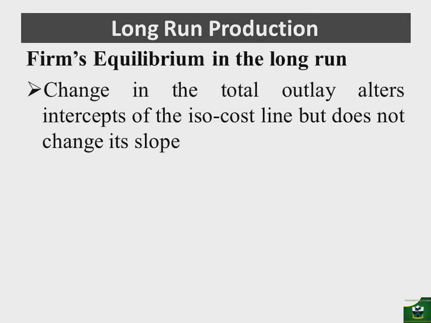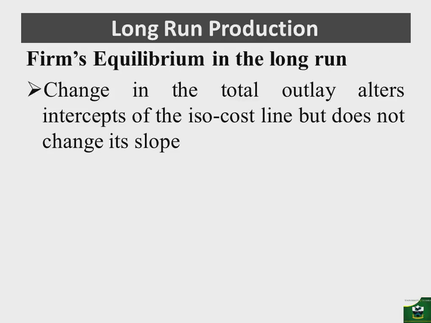Okay, so now let's look at the equilibrium in detail. Changes in the total outlay alter the intercept of the isocost but do not change the slope. This is similar to the budget line. I'll keep referring to that because we looked at these curves and how they are moving. What we'll be doing here is more like a recap, but looking at it from the firm's perspective.